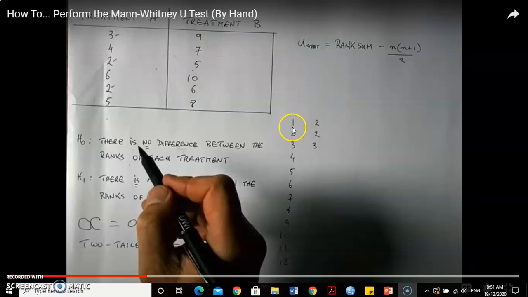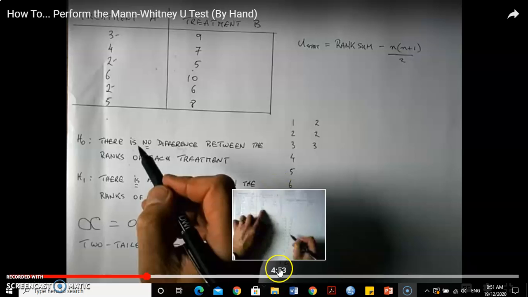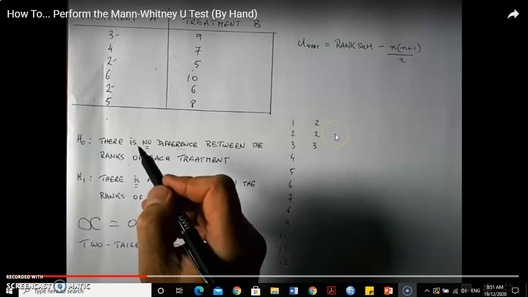After that, we list all the data based on the ranking. So first, because we know that they have 12 data, we put 1 until 12 here. Okay, and then we rank them. So the first number, which is the lowest one, is number 2, and then the second comes with another 2 because there are two 2s here.